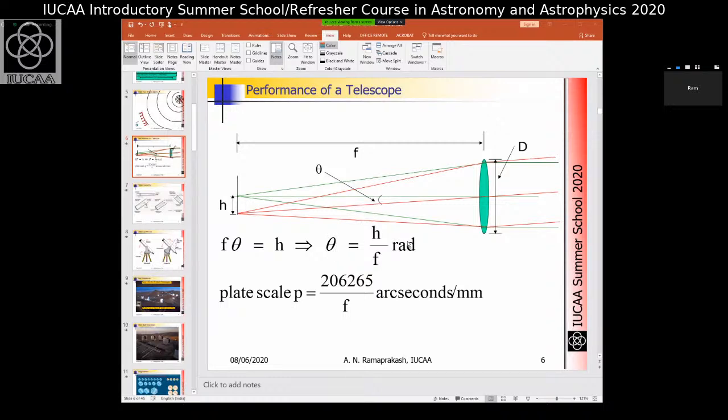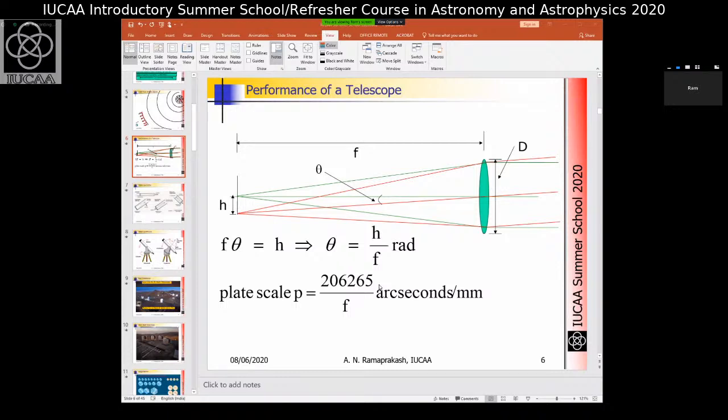Now, if I ask what theta will give 1 millimeter of H, then I have to substitute. So instead of theta, I write this as P. 206,265 is the number of arc seconds in 1 radian. So 2 pi radians is equal to 360 degrees, or pi radians is 180 degrees.